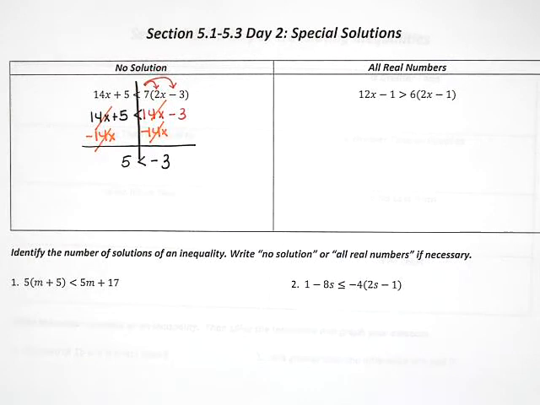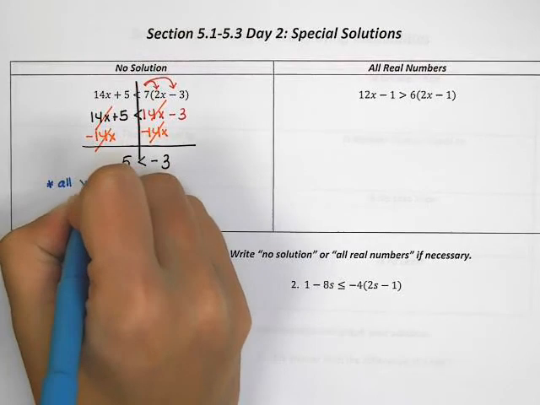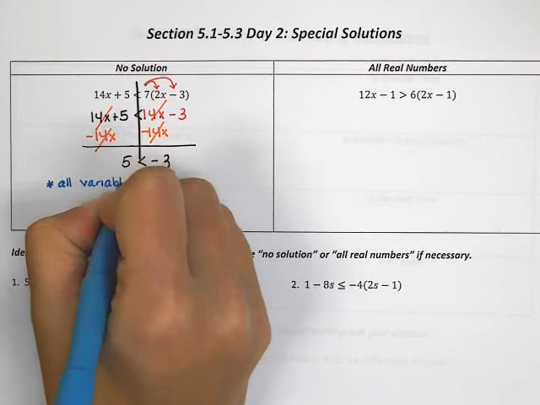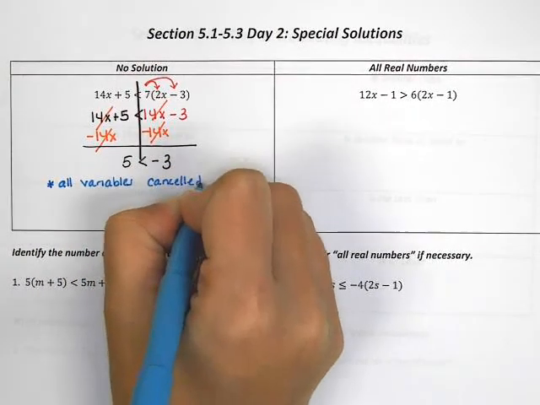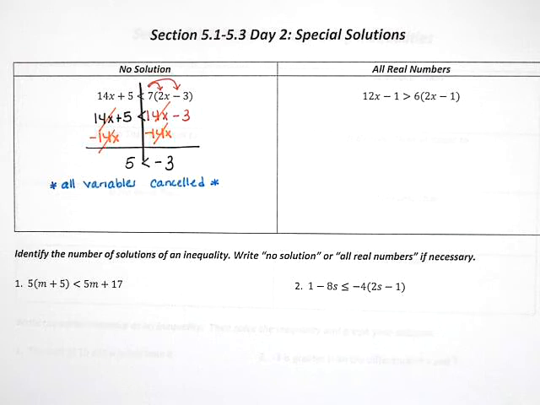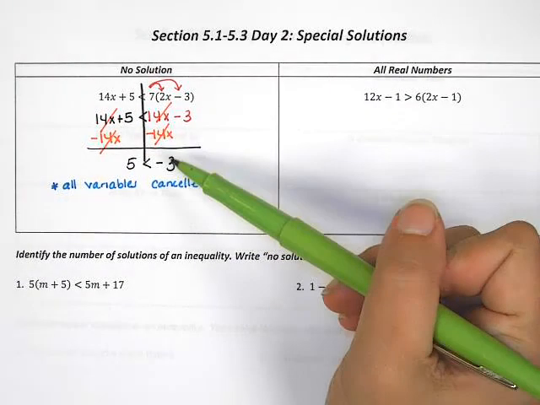When that happens, when all of the variables canceled, we know we have a very special kind of solution. What we have to do is look at our final answer here, which says that 5 is smaller than negative 3.